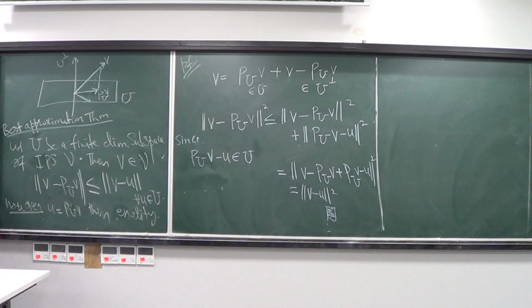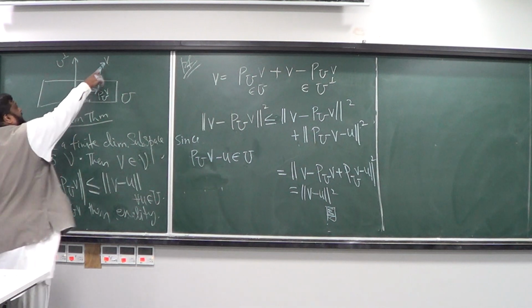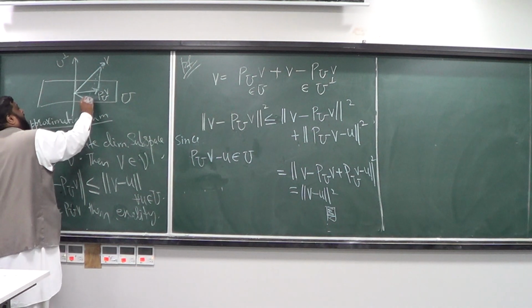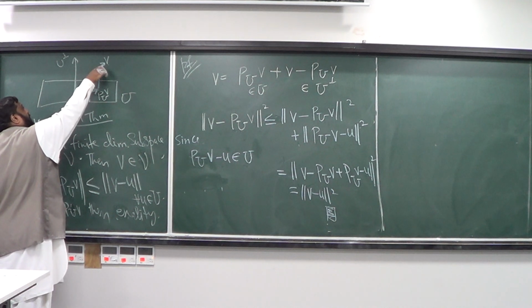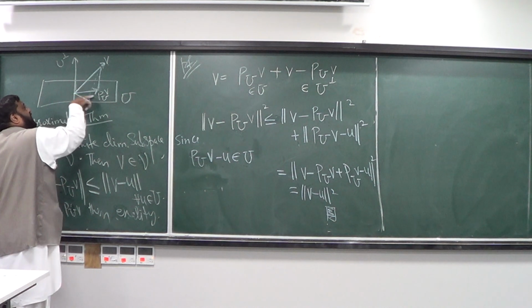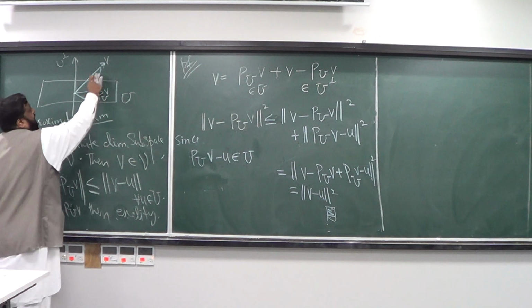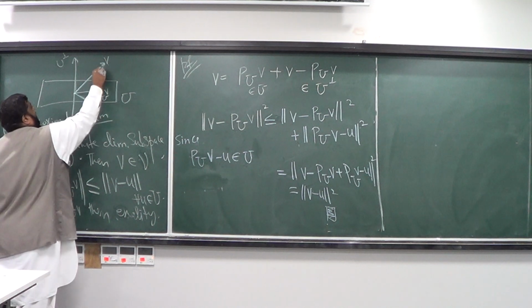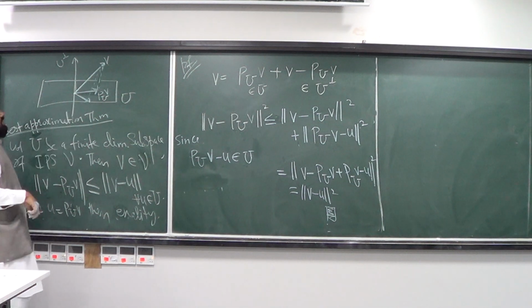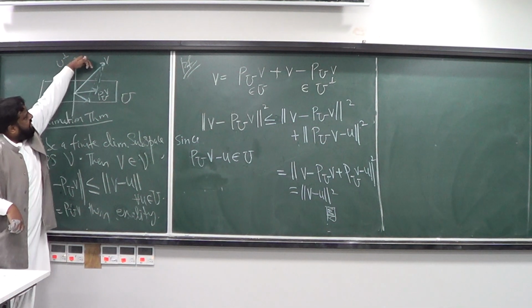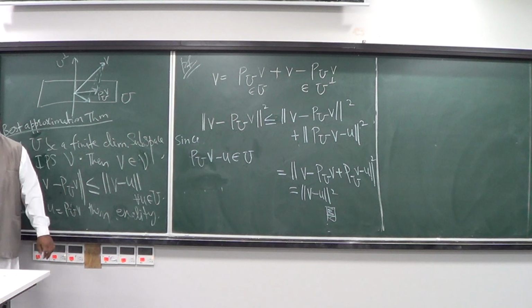In other words, the distance between V and U is going to be greater than or equal to the distance between V and its shadow, the orthogonal projection. These are the two distances: this is one distance, and this is the other. This distance is greater than or equal to this distance.